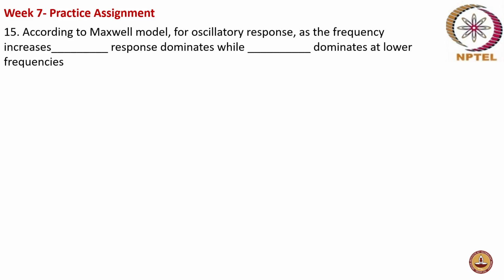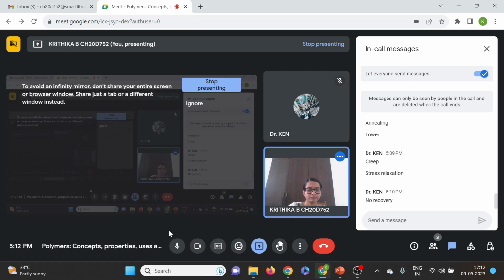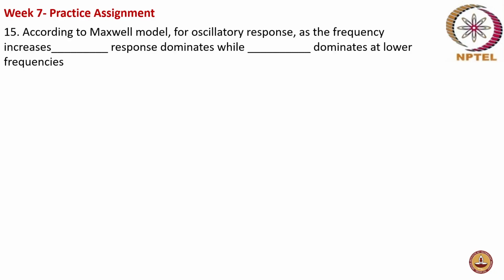So, which kind of response dominates at higher frequencies, and which kind of response dominates at lower frequencies? Yeah, I think you said this for a previous question, the no recovery, right? The relaxation modulus. Okay, this question you have no idea, no worries.